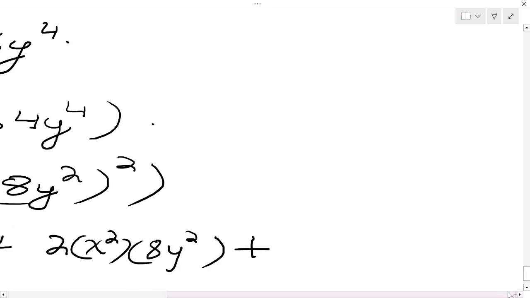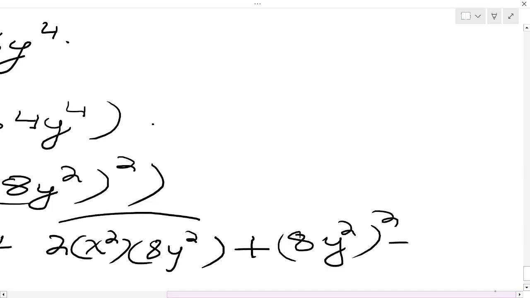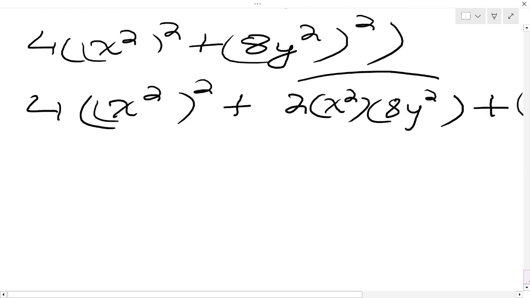So 8 2s are 16. We will write that in the end, but we will write (8y^2)^2 first and then subtract it from the output of these two, which is 8 2s are 16, 16x^2y^2. So this is, now we need to simplify this much further.